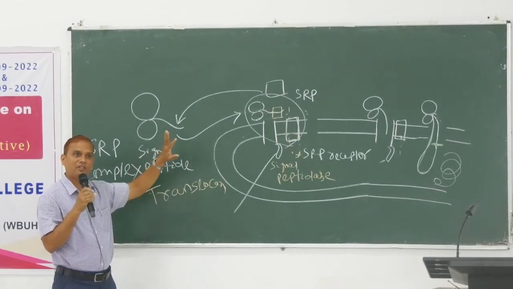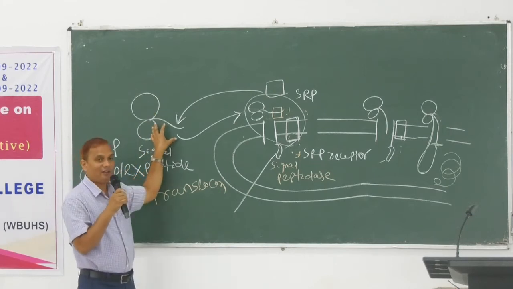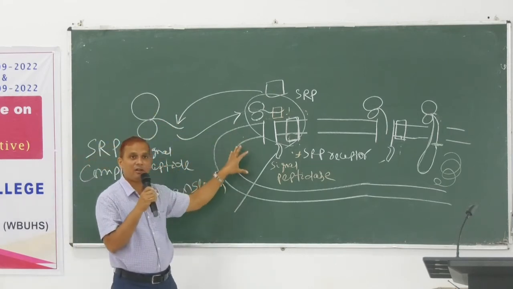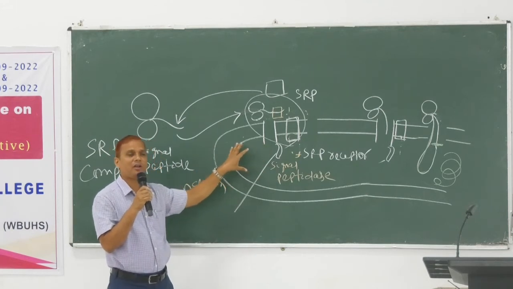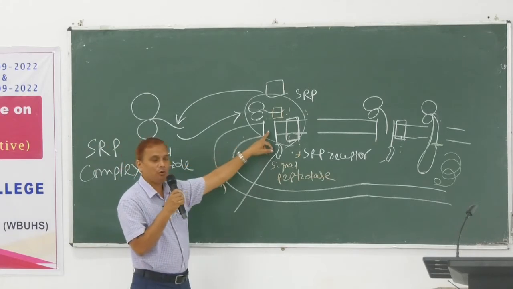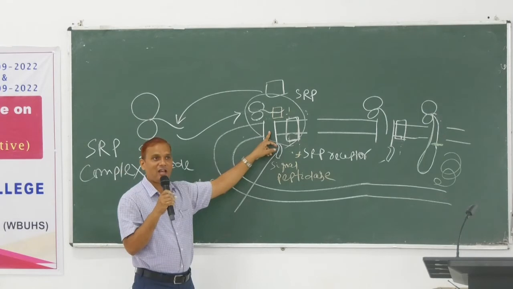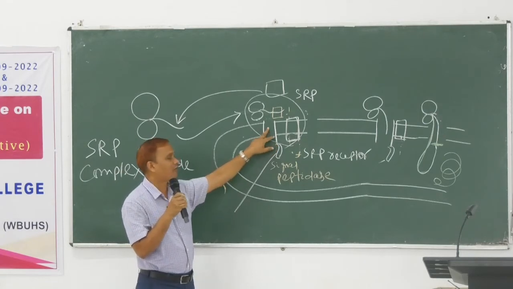Okay? Now it is clear. After binding this, what will happen? It will dock, where it will dock? At the transport channel of the endoplasmic reticulum.